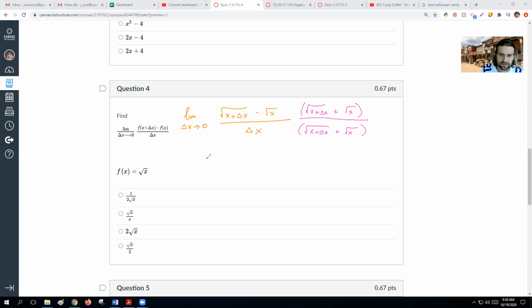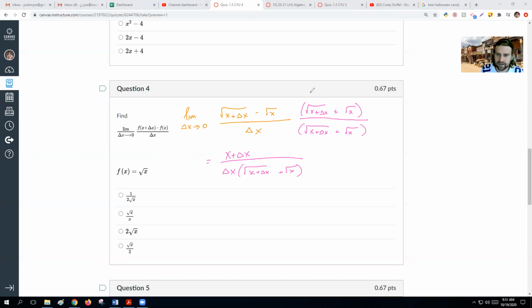All right, so the bottom is going to be our delta x times radical x plus delta x plus radical x. And the top is going to be, well, if I FOIL this out, radical x plus delta x times radical x plus delta x is just x plus delta x. And then the middle terms would cancel each other out because we'd have a positive radical x plus delta x times radical x, and then a negative, same thing.